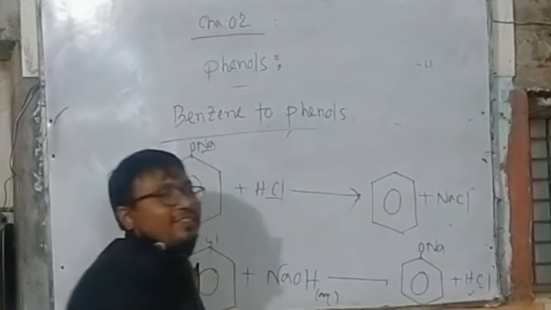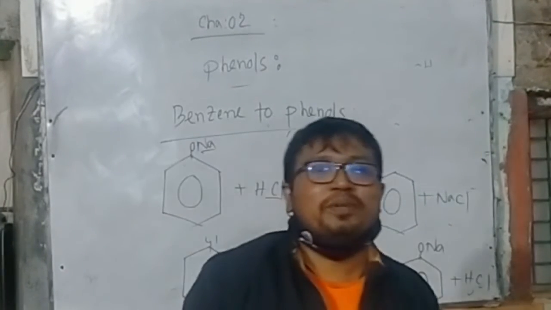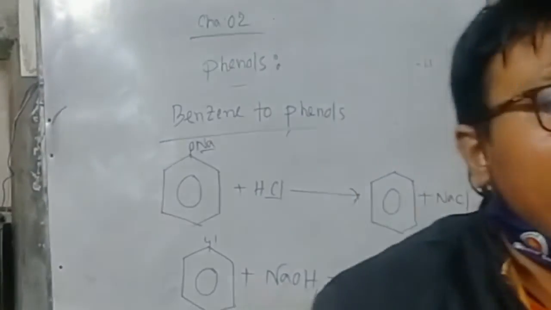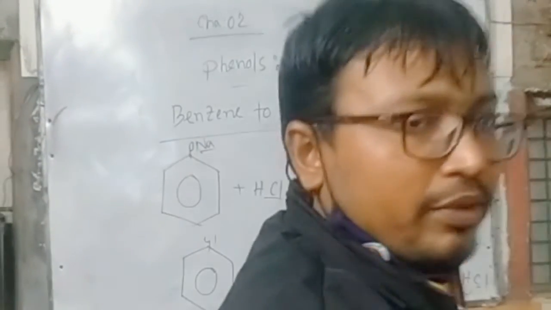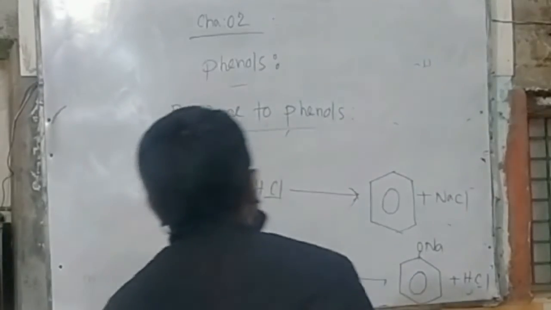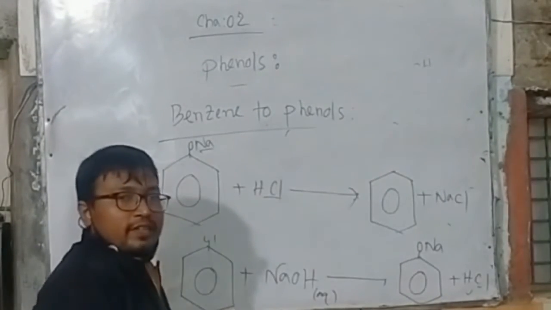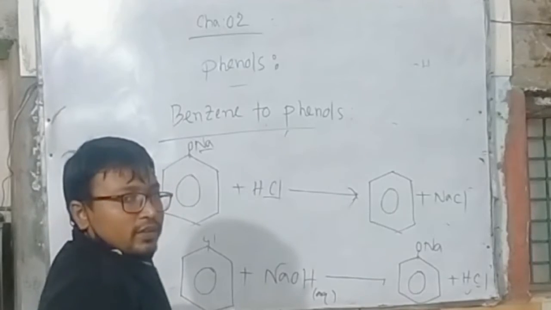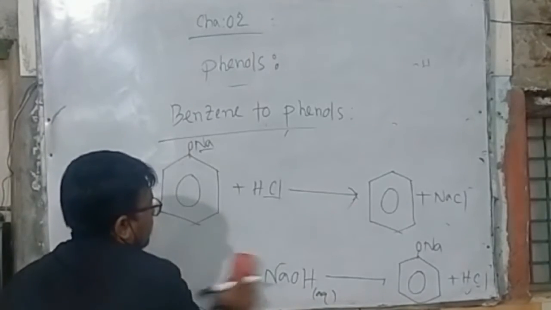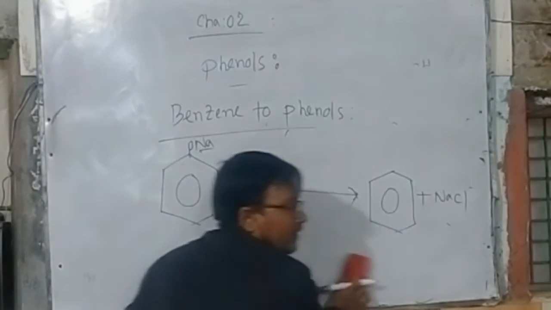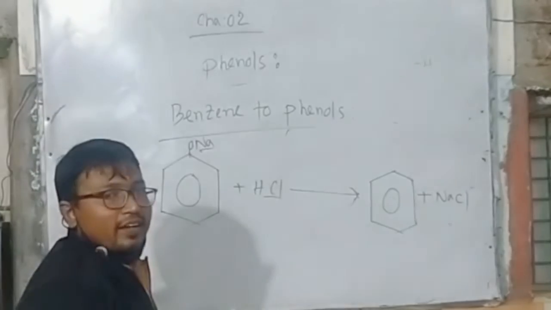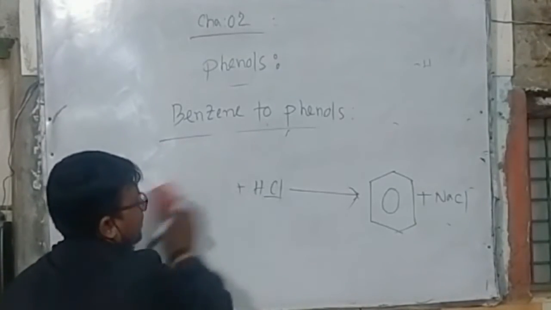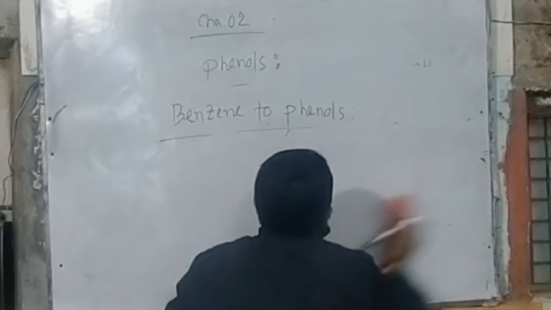So it is very easy to make the interconversion between phenol to benzene and benzene to phenol. Have you written? This is the Dow process.